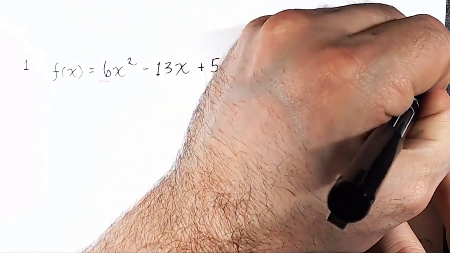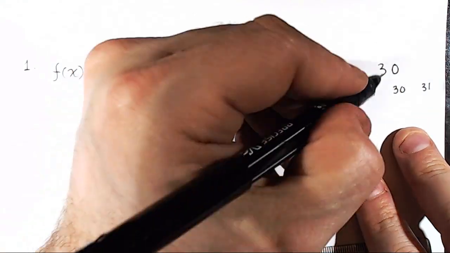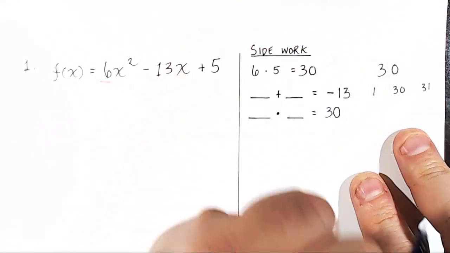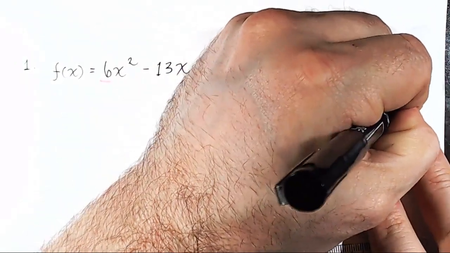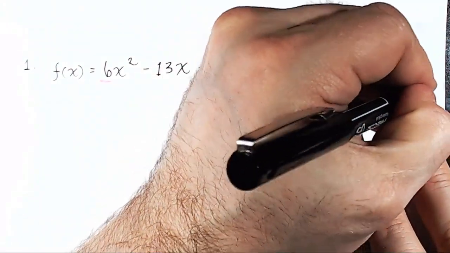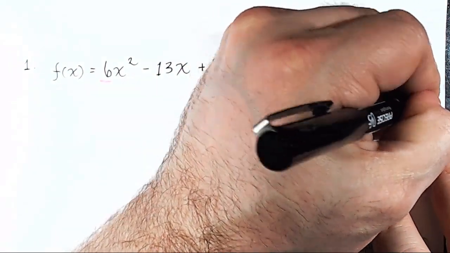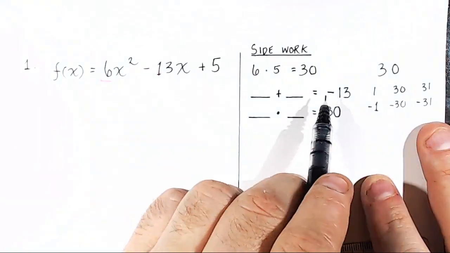They add up to 31. All right? How about -1 and -30? Those multiply to positive 30, but they add to -31. We want it to be -13.